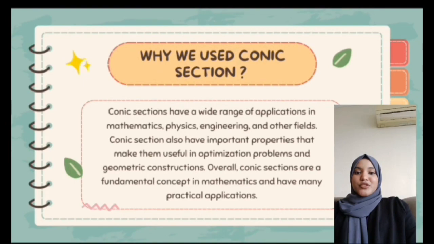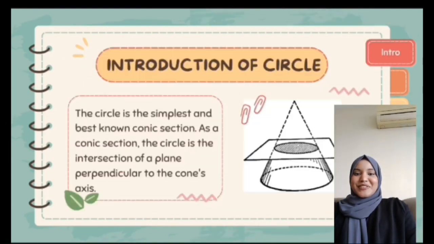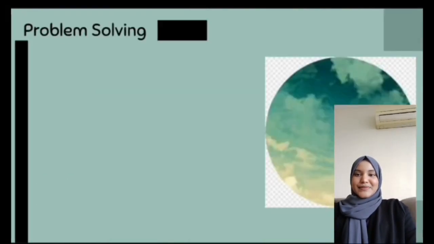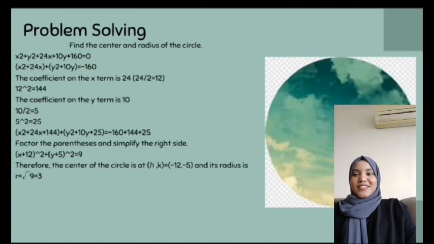Then we will move to our first problem, which is here. You can see a circle-shaped image, very beautiful, right? And then we can see an equation: x squared plus y squared plus 24x plus 10y plus 160 equals 0.